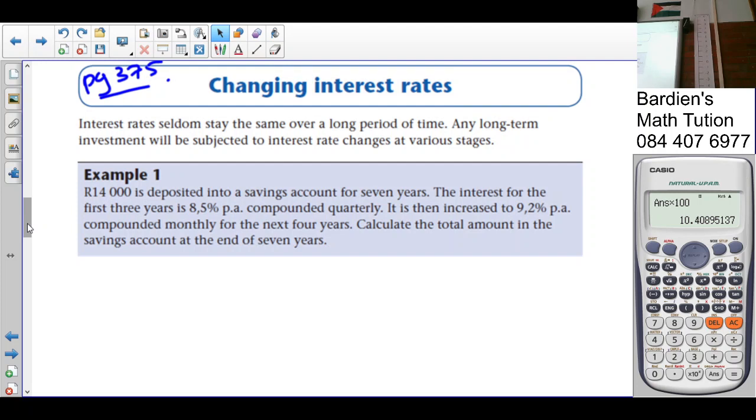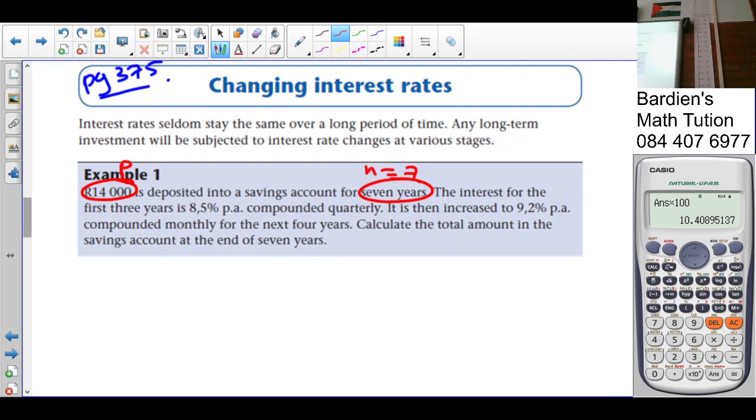So what is 14,000? Your P value. For 7 years, so this is your N value. The best would be to start slowly drawing timelines. I know you don't need a timeline here, but it's going to be just a bit easier to work with.